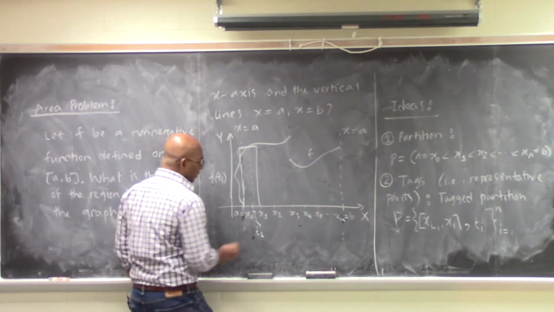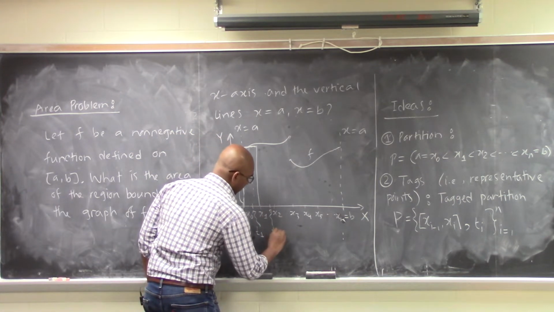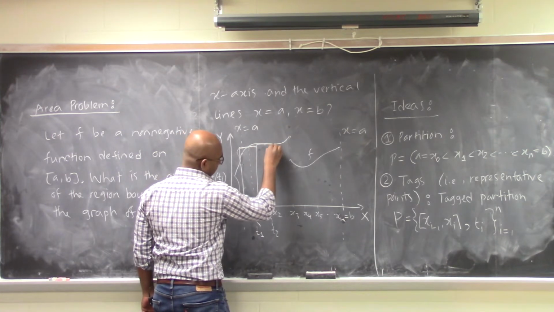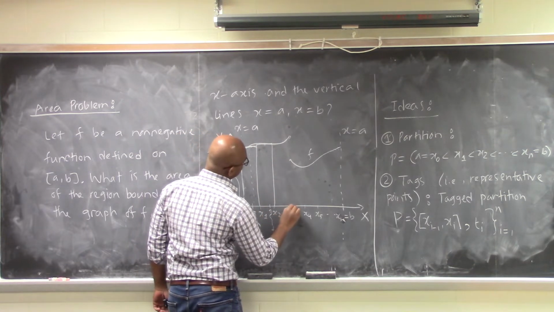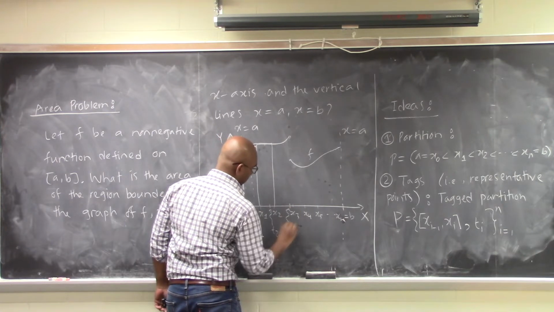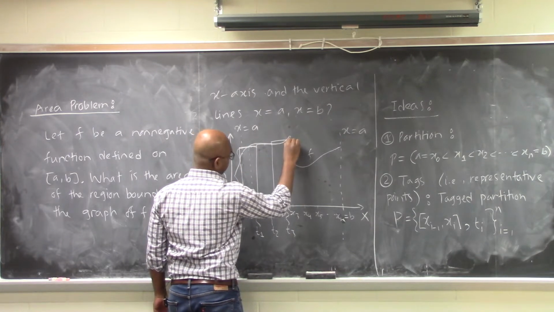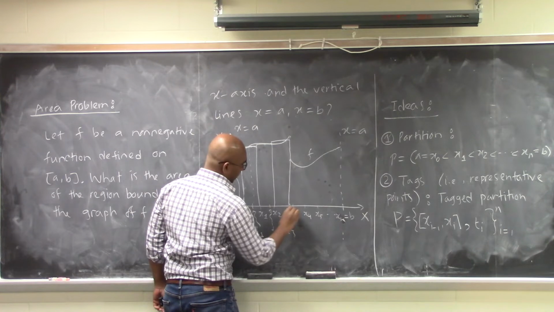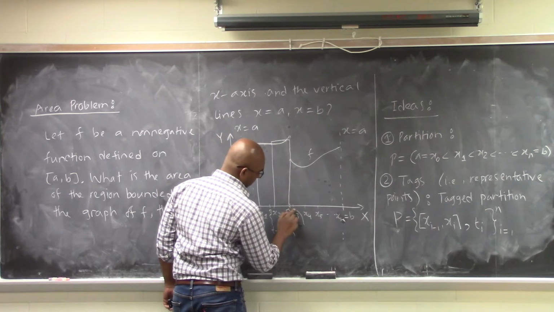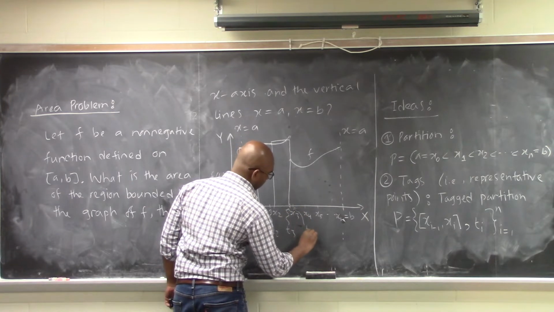Okay, so let's say this is t sub 2 here, and then f of t2 is this guy. So we make a rectangle like this, and then here let's say this is my tag t3. So this rectangle will have this height. Okay, and then this is going to be t sub 4. Let's say we take x sub 3 as t sub 4.